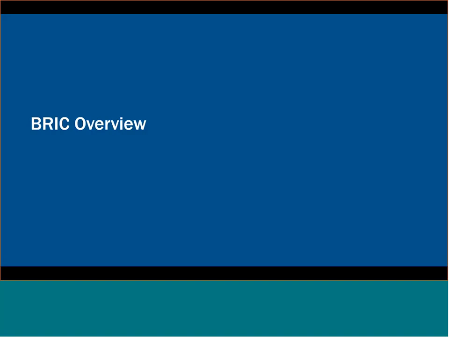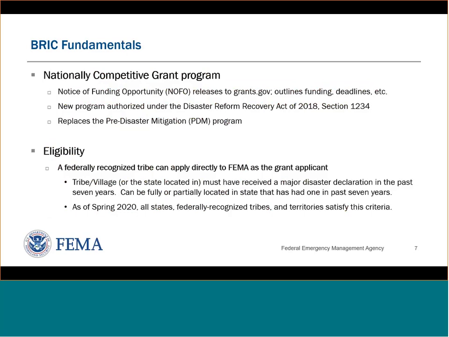All right, so now we're going to discuss a BRIC overview and the basics of the program. BRIC is a nationally competitive program. What that means is every year a notice of funding opportunity, a NOFO, is released to grants.gov. This document outlines everything about the program, such as the funding available that one year, deadlines for applications, and types of criteria for projects.